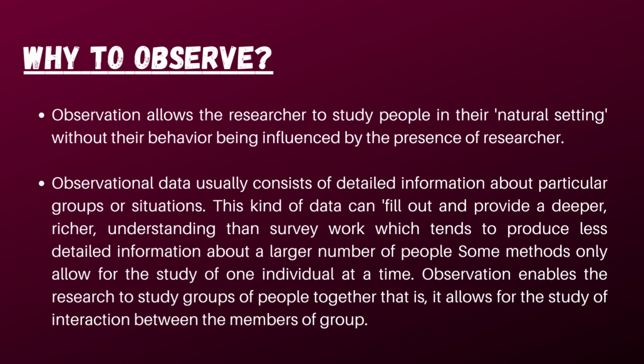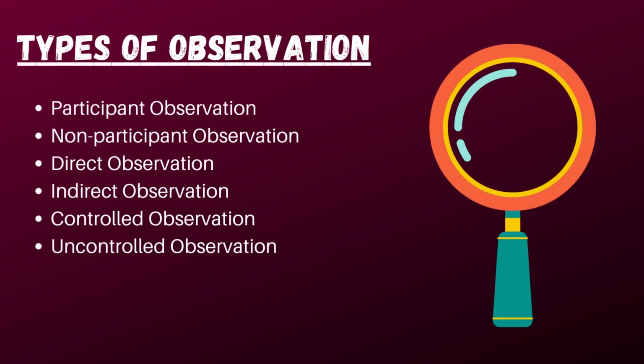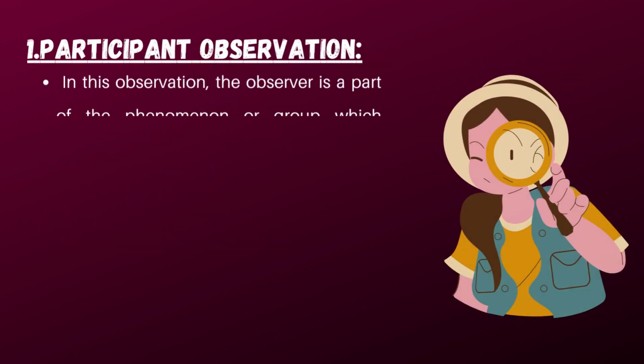Some methods only allow for the study of one individual at a time. Observation enables the researcher to study a group of people together, that is, it allows for the study of interaction between the members of the group. Types of observation: participant observation, non-participant observation, direct observation, indirect observation, controlled observation, and uncontrolled observation.